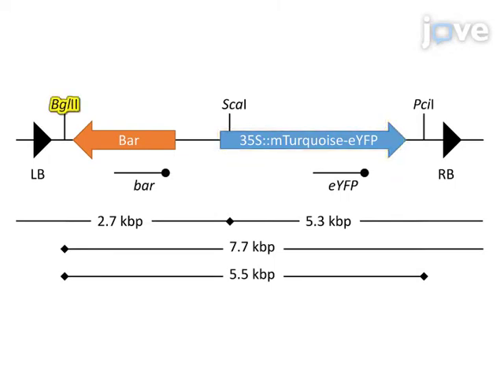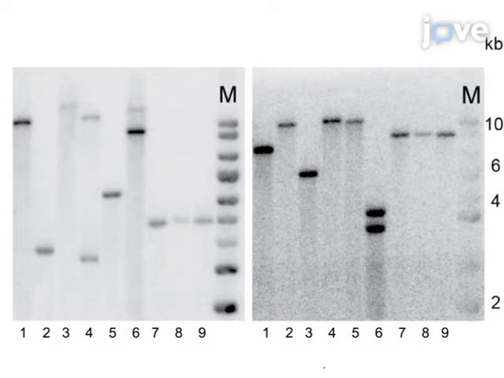The BGL2 and PCI1 restriction sites are positioned within the tDNA, outside the reporter construct. A double digestion results in a fragment with a defined size, and any deviation is an indication for incomplete insertions. The number of hybridizing fragments identified reflects the number of tDNA insertions.